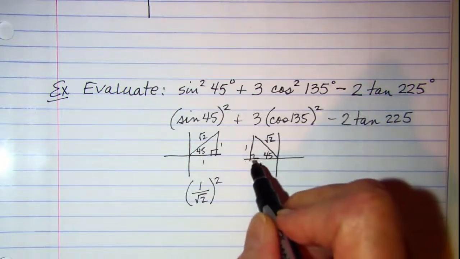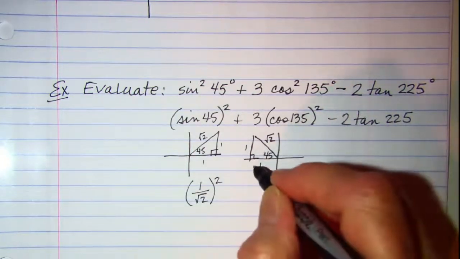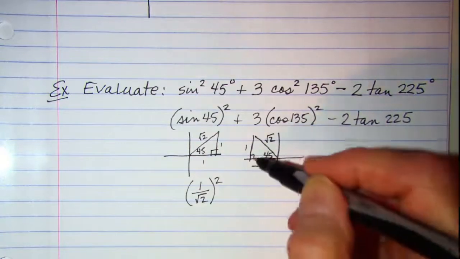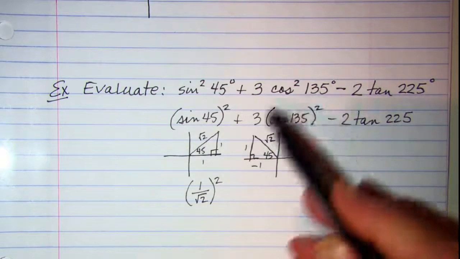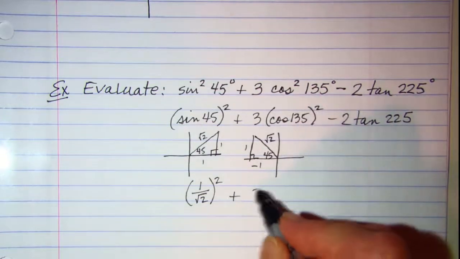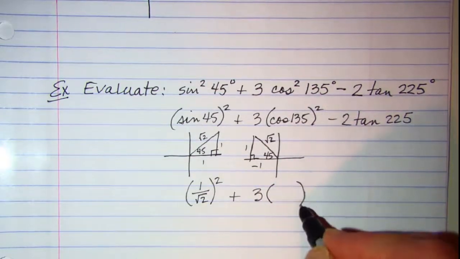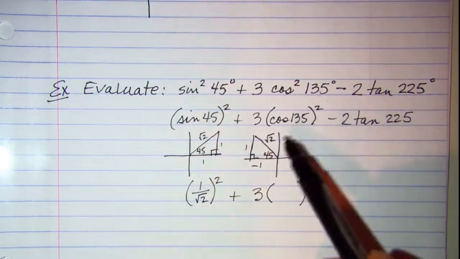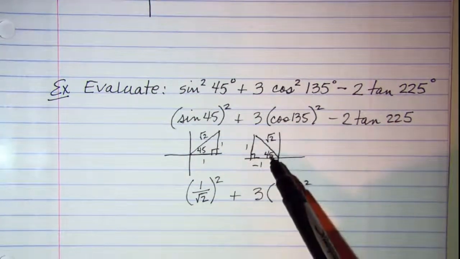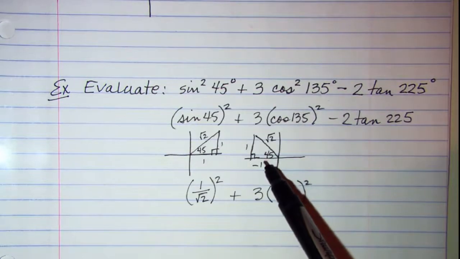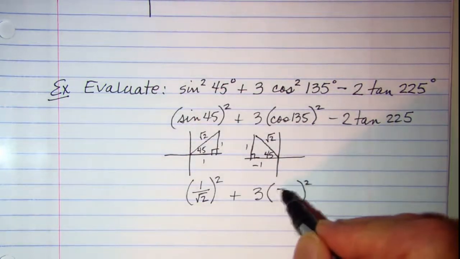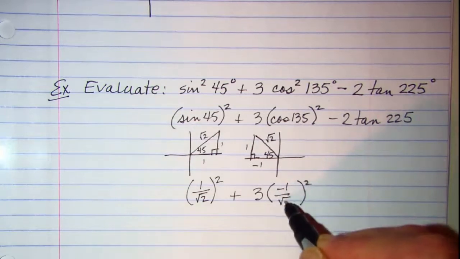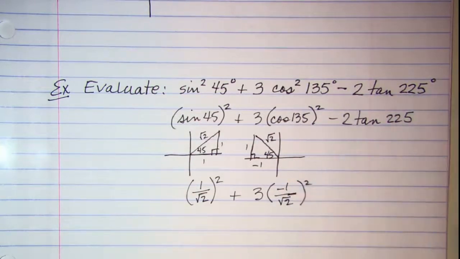Notice that on this one, since I'm going left, this needs to be a negative, and then up is positive. So in this expression now, we have 3 times, and we need the cosine of this reference angle. Cosine is defined as adjacent over hypotenuse, so negative 1 over root 2 is what's getting squared there.